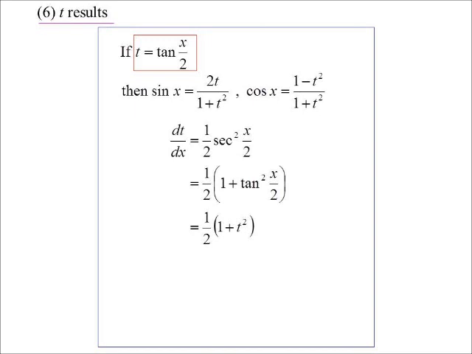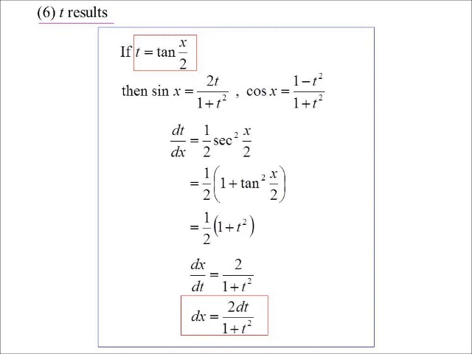The dt dx, because we've got to work out our substitution or our t result, if you like, for dx. So the dt dx would be a half of sec squared x on 2, but sec squared is 1 plus tan squared, and remember t is tan. So we now have the dt dx is 1 plus t squared on 2, so dx dt is 2 on 1 plus t squared, dx is 2 dt on 1 plus t squared.